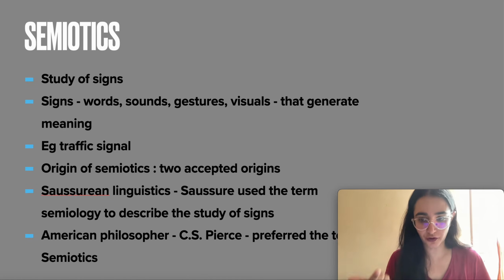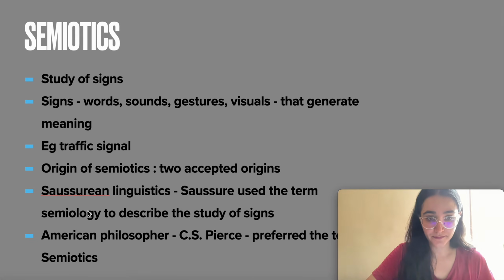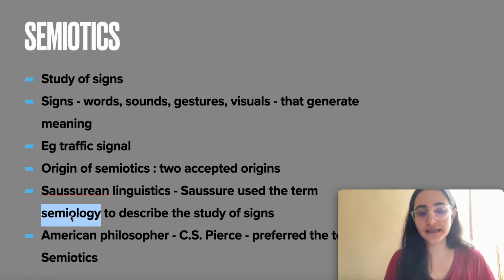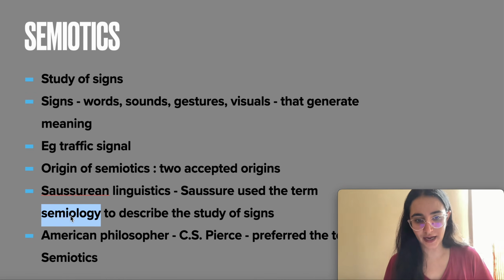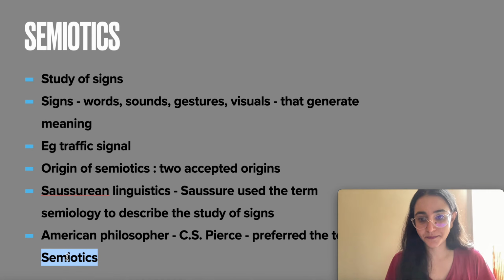The first one is from Saussurian linguistics. Saussure used the term semiology to describe the study of signs, instead of semiotics. On the other hand, C.S. Peirce, who was a philosopher and also a logician, preferred the term semiotics.